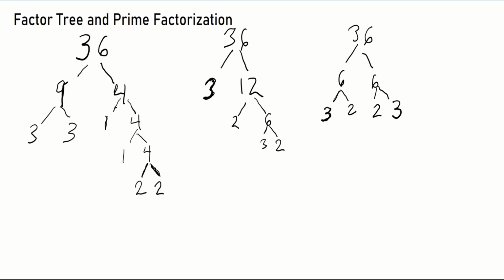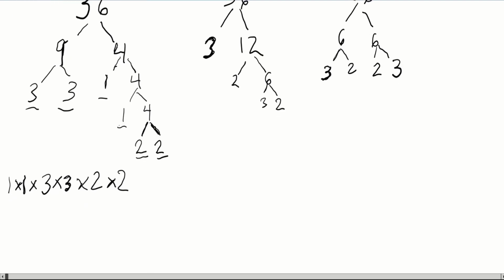On this first tree, we have 1 times 1 times 3 times 3 times 2 times 2. And we know that this equals 36.